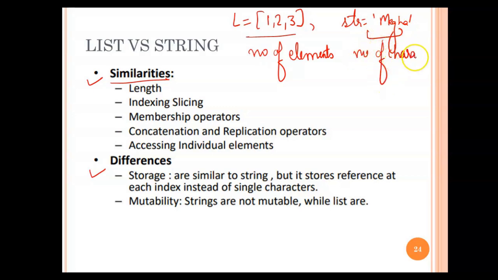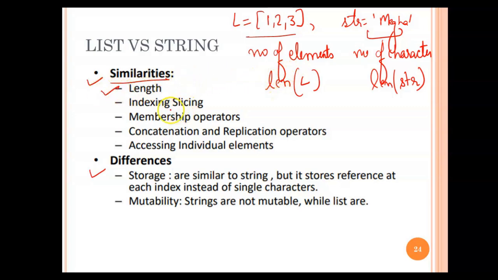So in both cases, you can find the length with the help of len. Here len, and then in the parentheses you give the name of the variable. Like here we are finding the length of a list, so the list variable name is L. And here you will write the string variable, so str. So that is a similarity: we can find the length of a string or a list with the help of the len function, and they both give you the number of characters or elements in it.